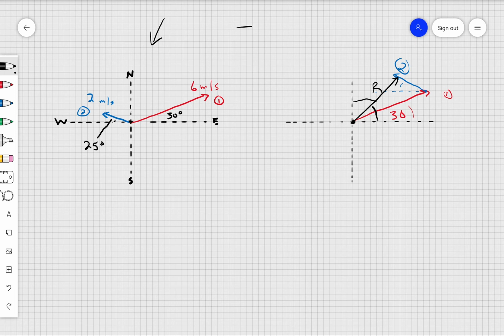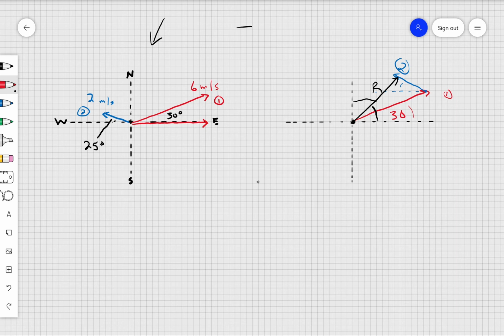So to do this algebraically, what we need to do is find the components of each vector. So to show you what I mean, vector number 1 is 6 meters per second at 30 degrees above the east. So it has an x or adjacent component that is easterly.